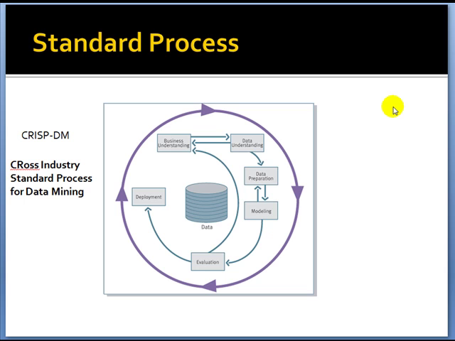So some software vendors and practitioners have proposed a sort of standardized process for going through all of these steps in data mining. And especially SPSS has proposed this as a kind of industrial standard process for data mining.